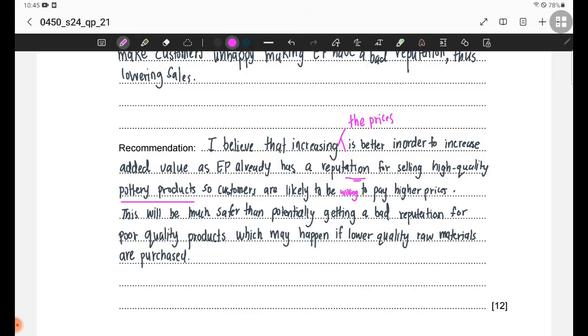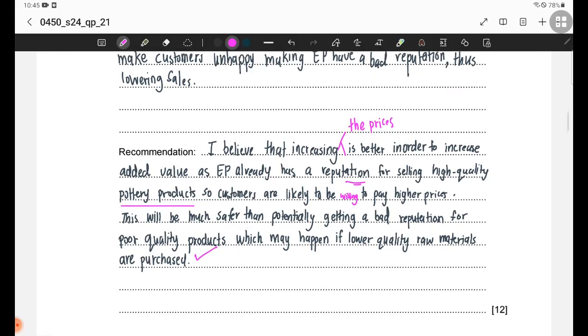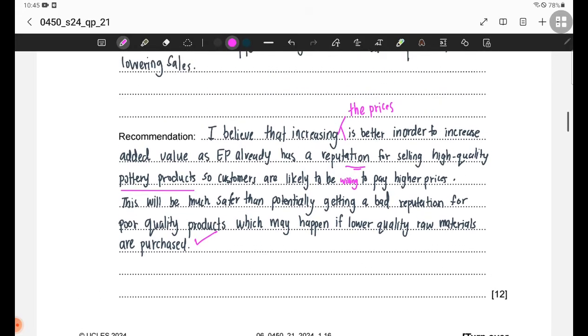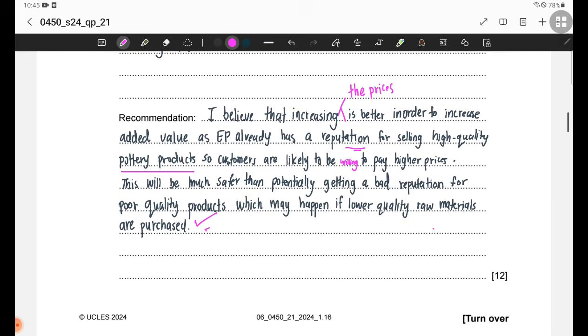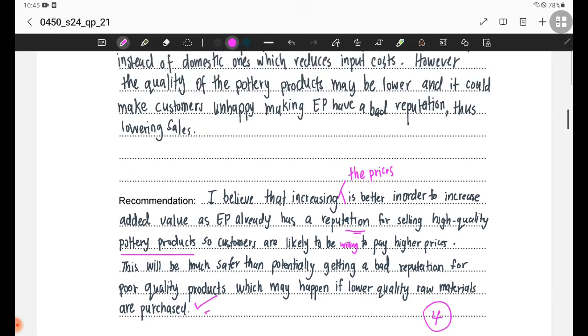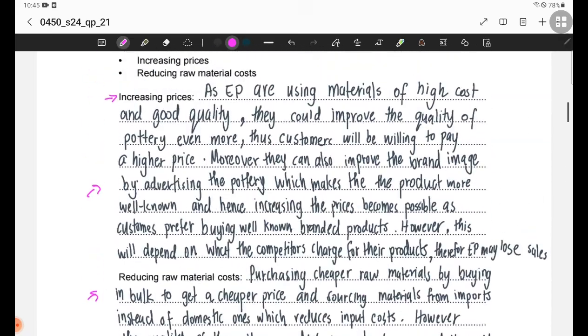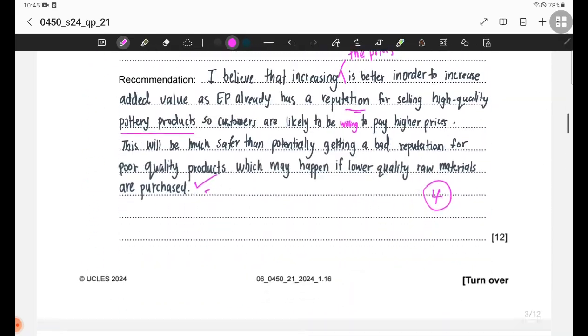So this will be much safer, of course, than potentially getting a bad reputation for poor quality products, which may happen if lower quality raw materials are purchased. So we got 2 points, and then we have an application, and we also have one more point here. So 4 marks. And same goes for the other 2 as well.